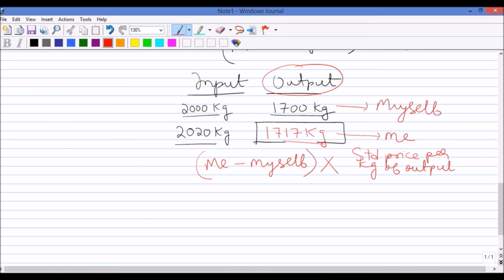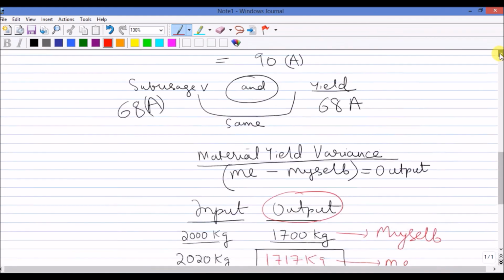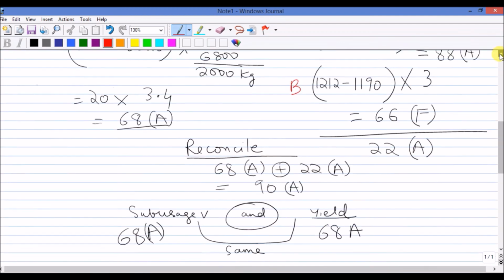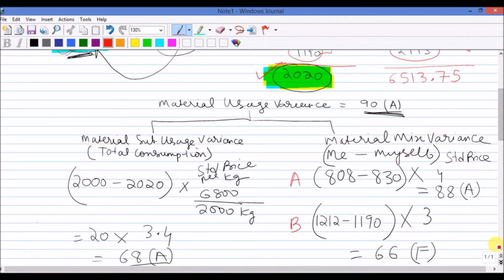So me is 1717, myself is 1700. If you have gone through the first lecture, me we used to find. Here also we are going to find into the standard price per kg of output.